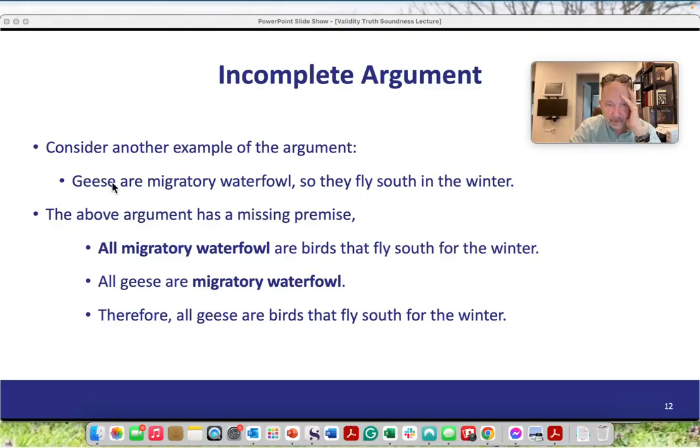So you've got all A are C, but there's something missing right here. We're missing a premise, because it doesn't mean that migratory waterfowl necessarily fly south, right? So we need a premise.